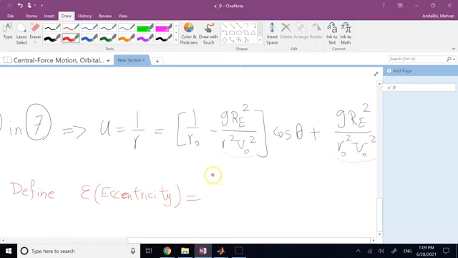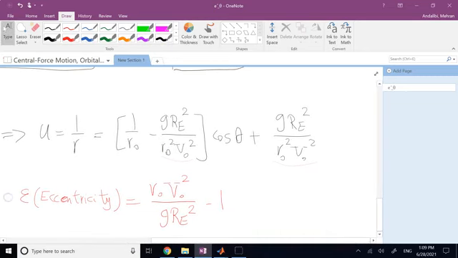And we define this to be R naught times V naught squared over G times RE squared minus 1. So it's similar to the reciprocal of this, except for the 1 extra R naught and then minus 1. And that makes writing this a little bit nicer.